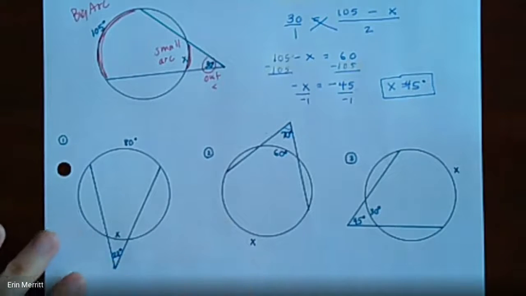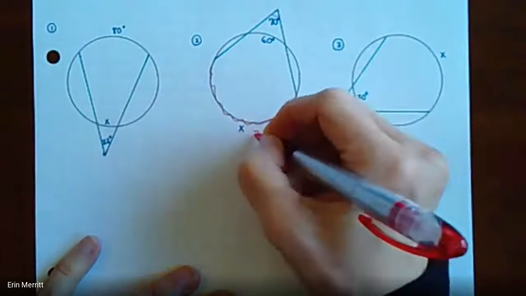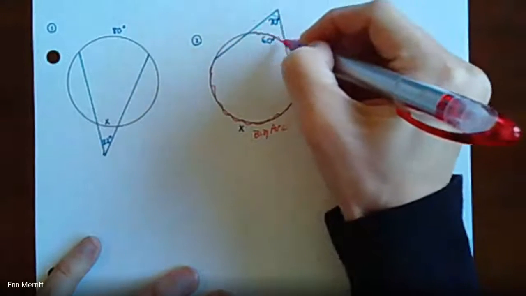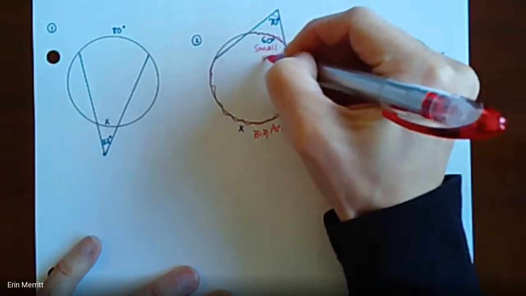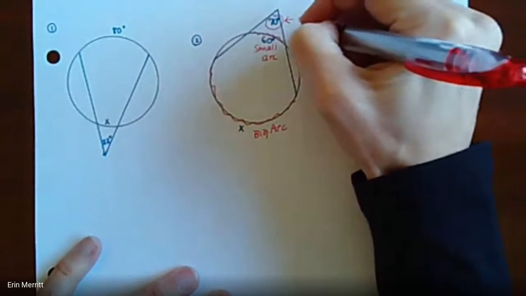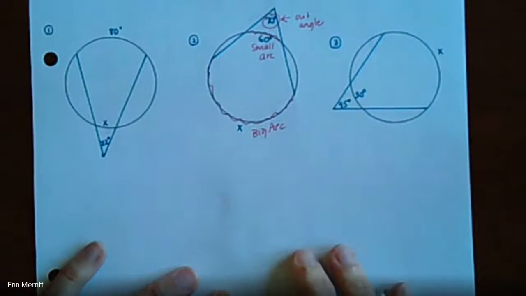So I'm going to slide this up. So when I look, the big arc is x, 60 is my small arc, and then 70, that's my out angle. All right, let's do our setup.